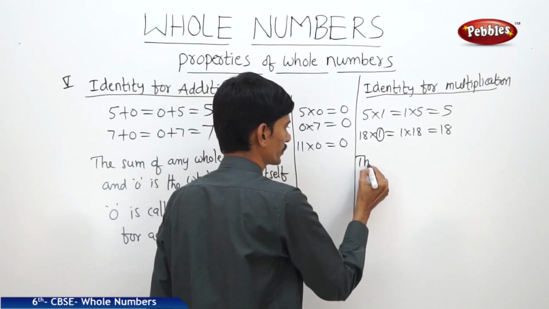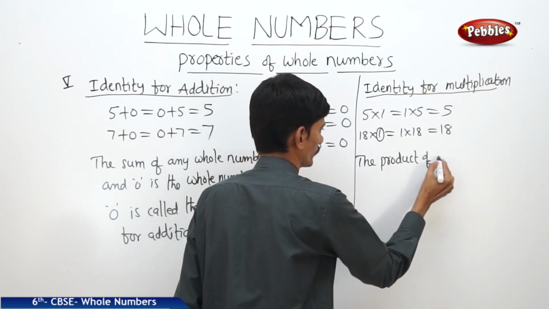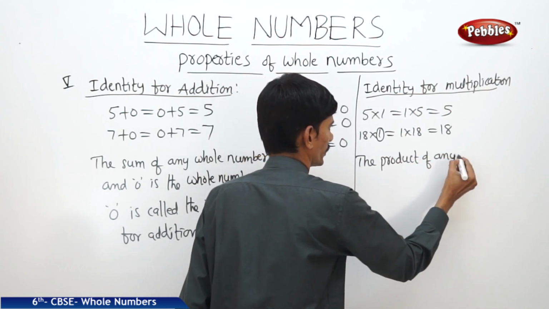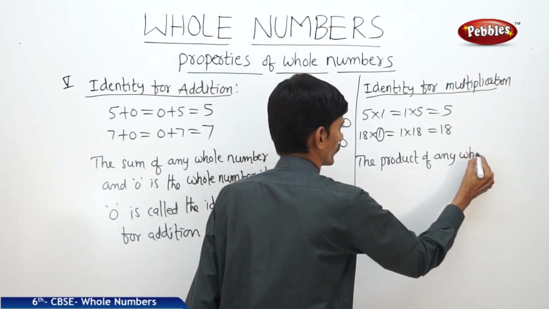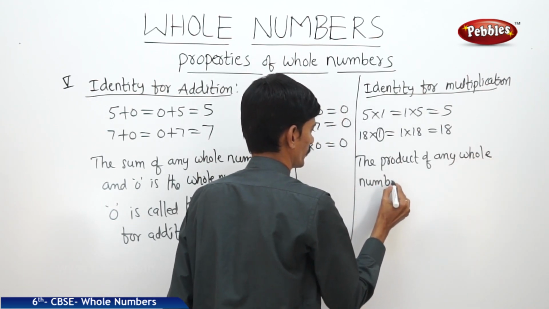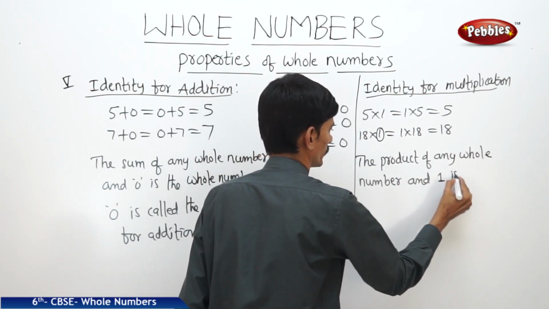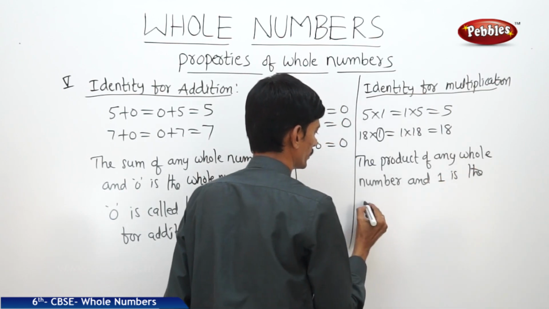So the product of any whole number and 1 is the whole number itself.